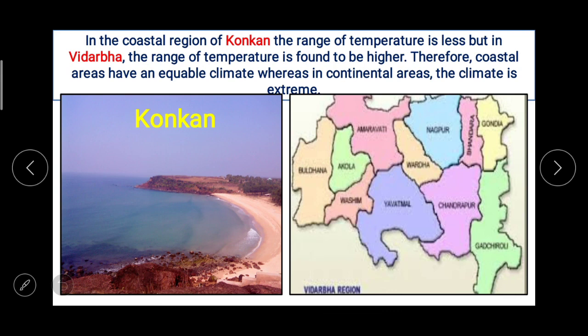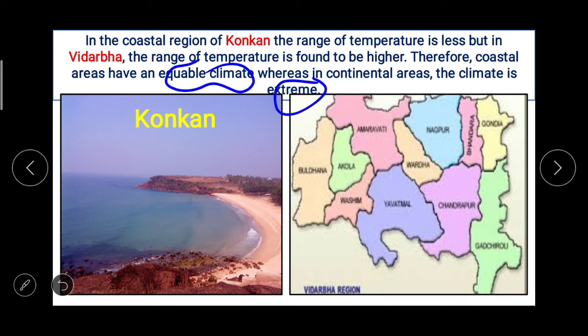In the coastal region of Konkan, the range of temperature is less, but in Vidarbha, the range of temperature is found to be higher, and therefore coastal areas have an equable climate, whereas in continental areas the climate is extreme.